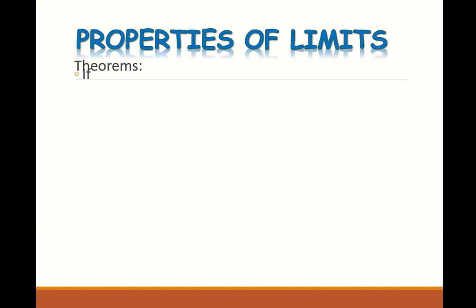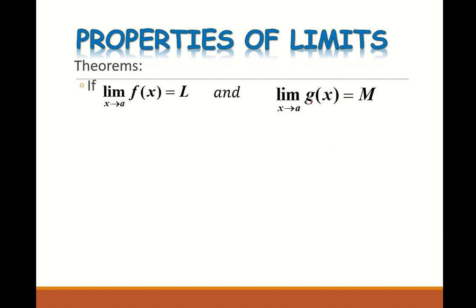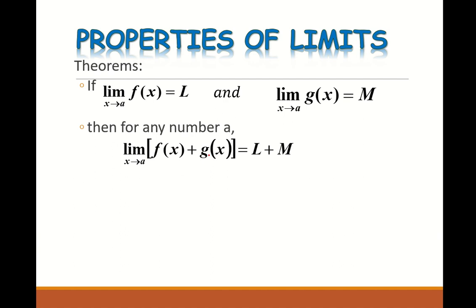Next, if the limit of a function f of x as x approaches a is equal to L, and the limit of another function g of x as x approaches a is equal to m, then we have another formula. For any number a, the limit of the sum of the two functions as x approaches a is just the sum of their limits, or L plus m.